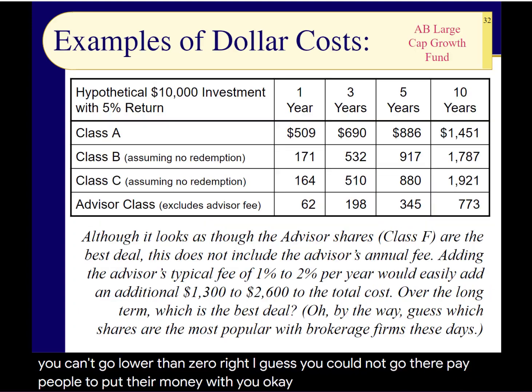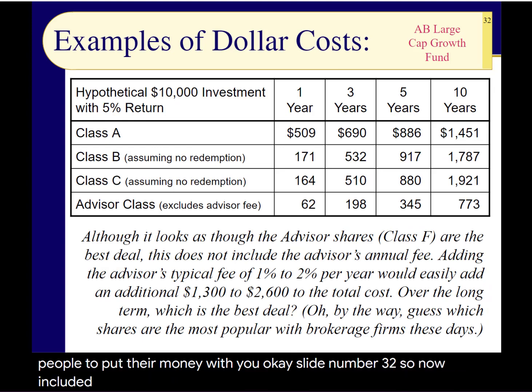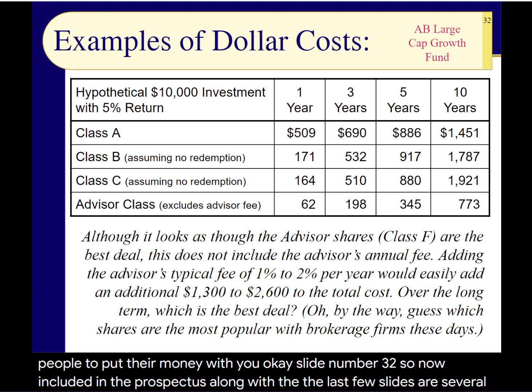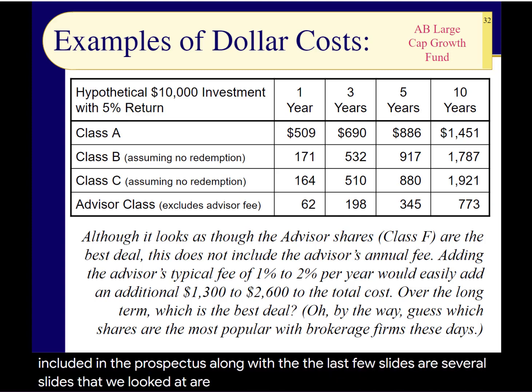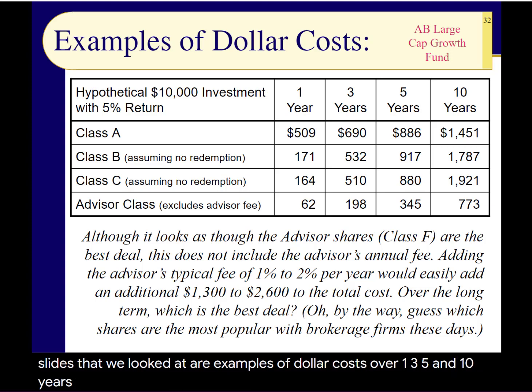Okay, slide number 32. So now, included in the prospectus, along with the last several slides that we looked at, are examples of dollar costs over 1, 3, 5, and 10 years. So we're hearkening back to the AB Large Cap Growth Fund.